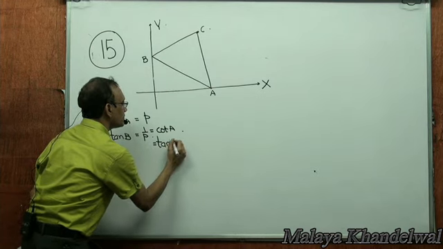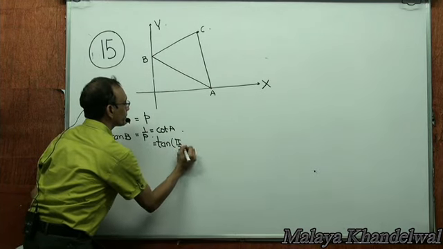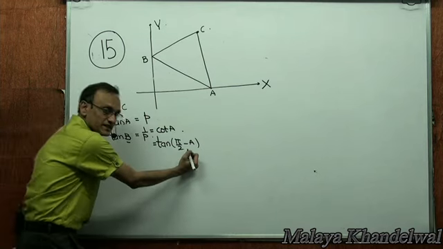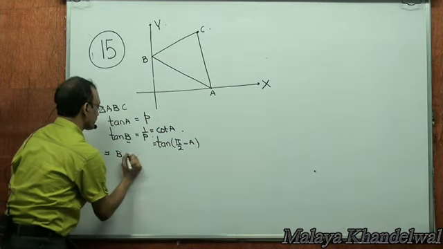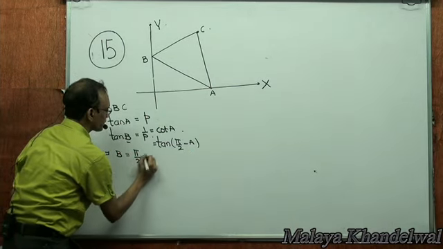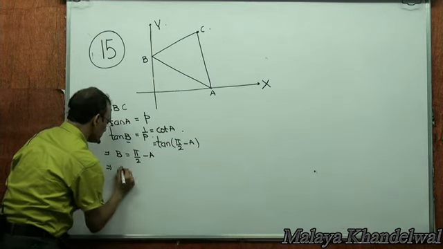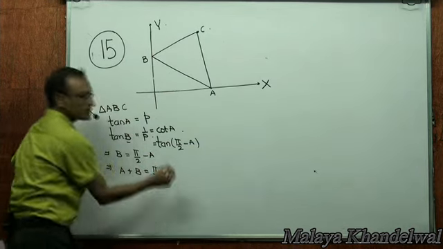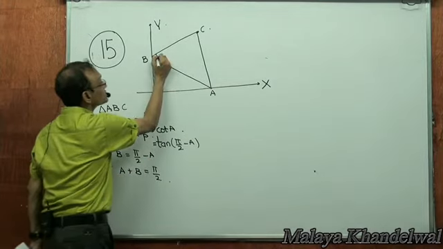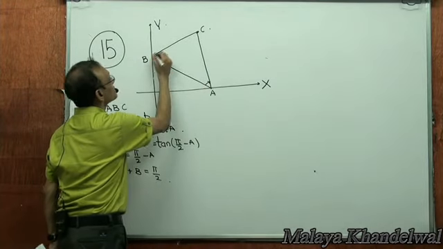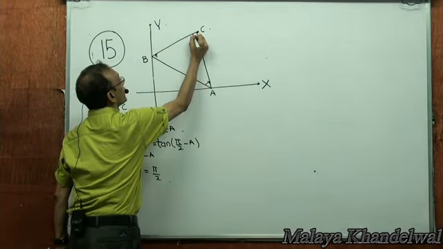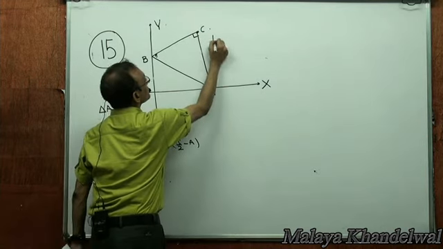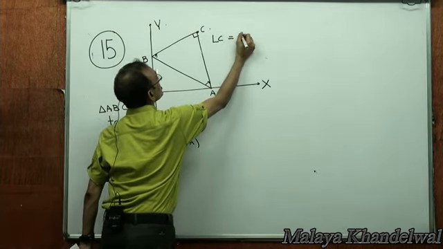Tan 90 minus A. That means B must be 90 minus A. That means A plus B must be 90 degrees. Now, if this angle plus this angle is 90 degrees, very clearly the third angle of the triangle, C, must be 90 degrees for sure. Angle C must be 90 degrees.